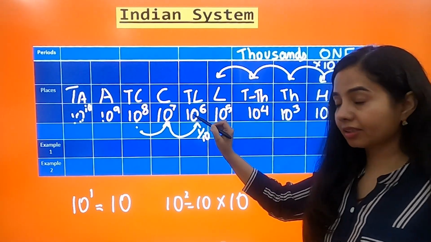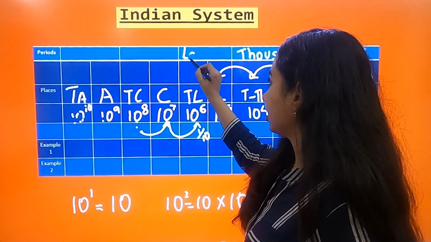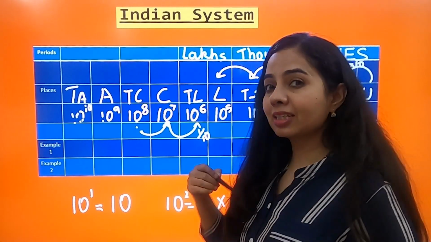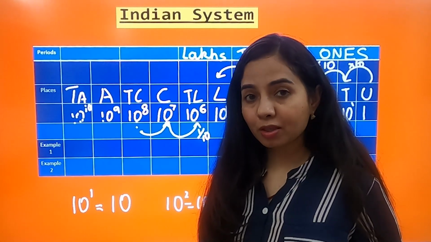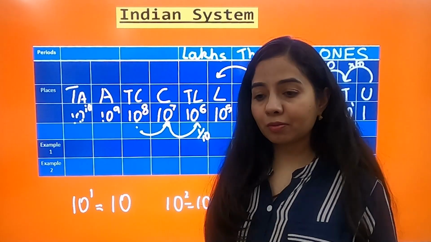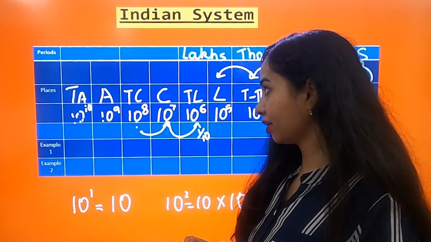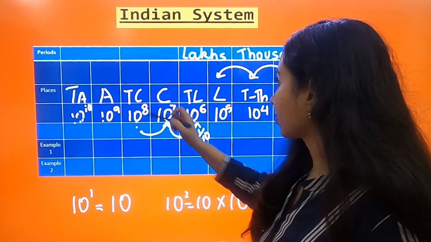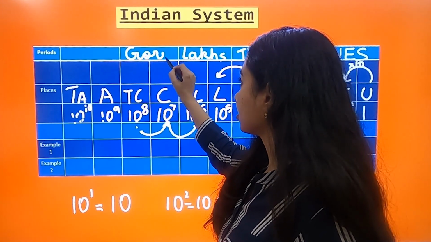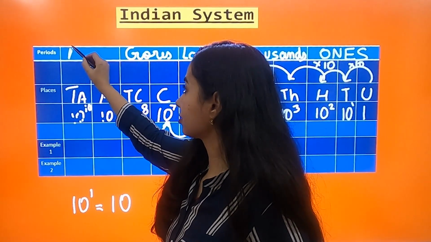Lakh and 10 lakh come under lakhs period. I want you to write this table in your notebook so that it will be better for you. It will be kind of a revision for you if you have already done it before. Crores and Arabs.